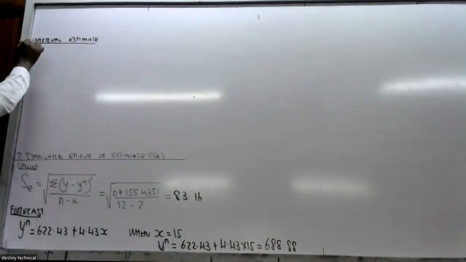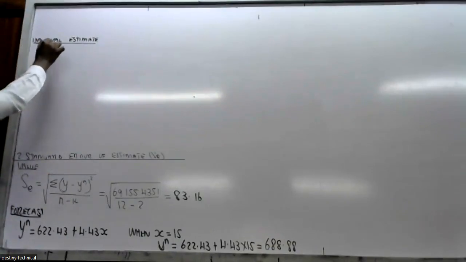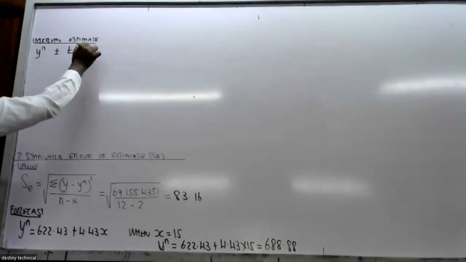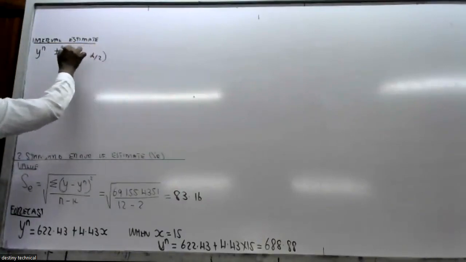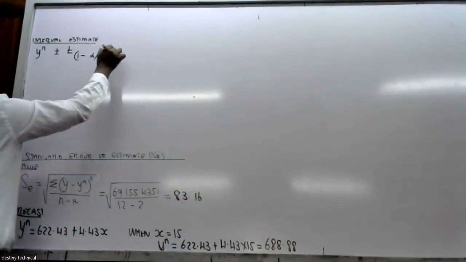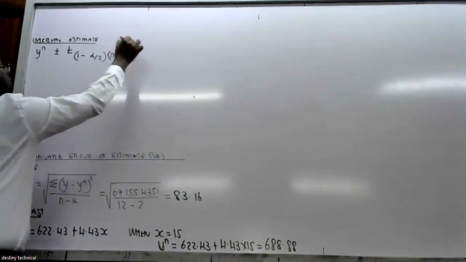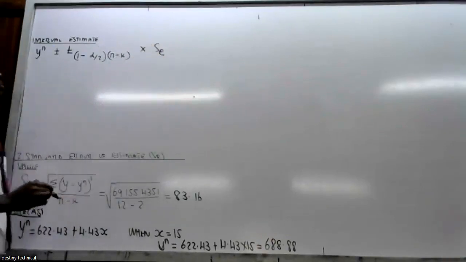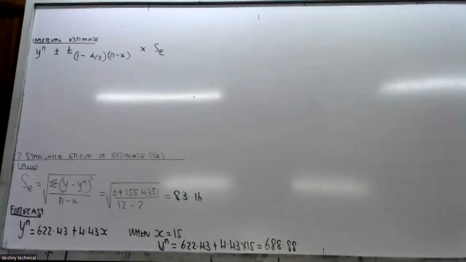The interval estimate is usually given as y predicted plus or minus t 1 minus alpha out of 2, n minus k, those are the degrees of freedom. You multiply by SE.